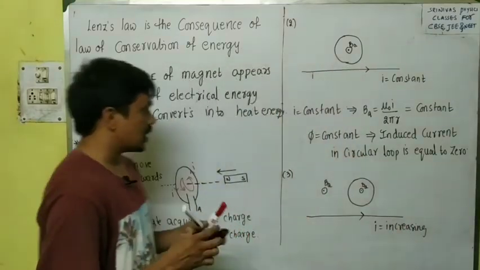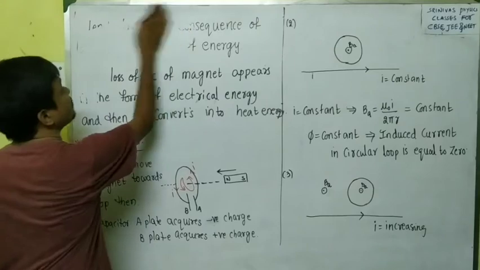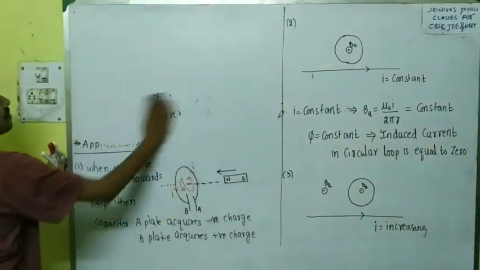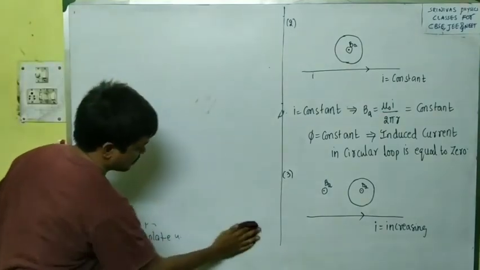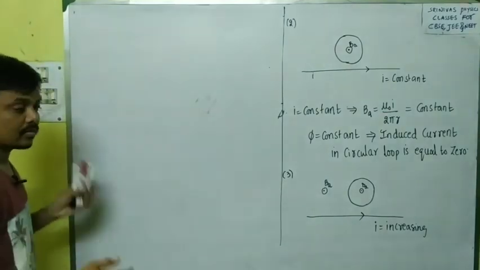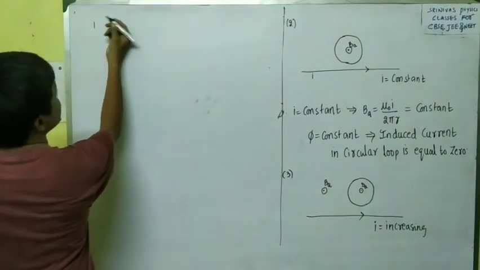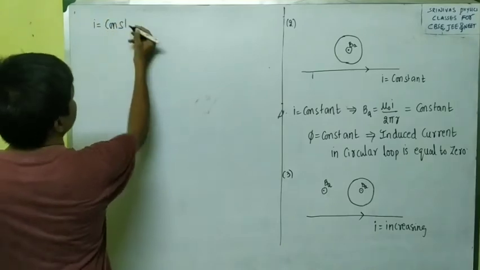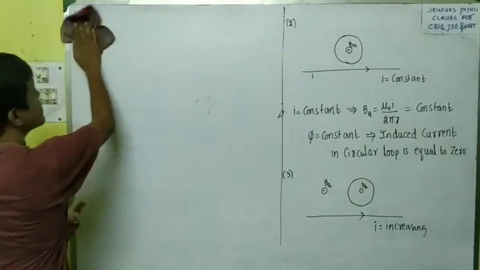And now I will explain. I am going to rub this and you can take the screenshot. Applied field increases because if current increases, what happens? If the current increases, then applied field increases.